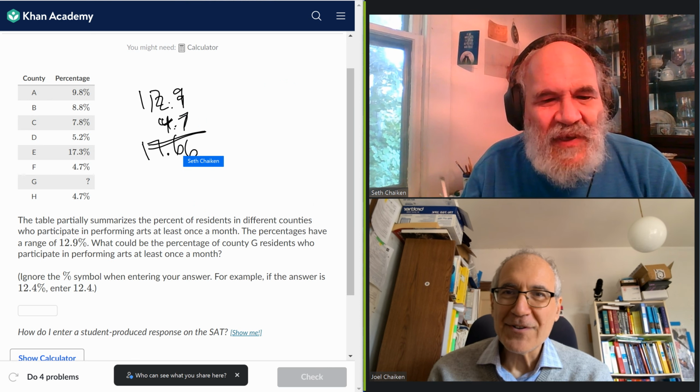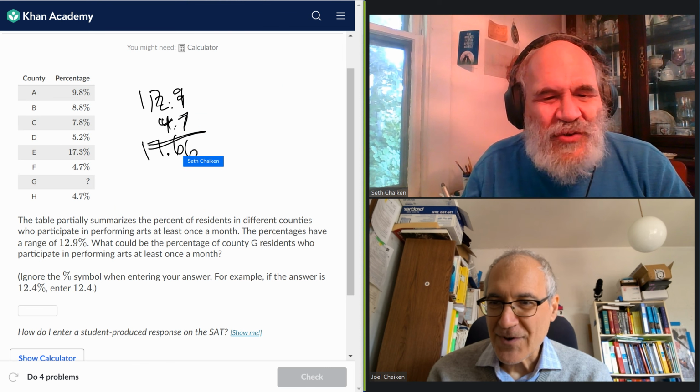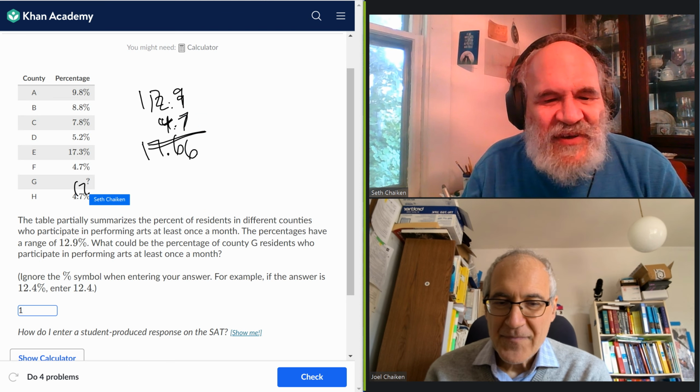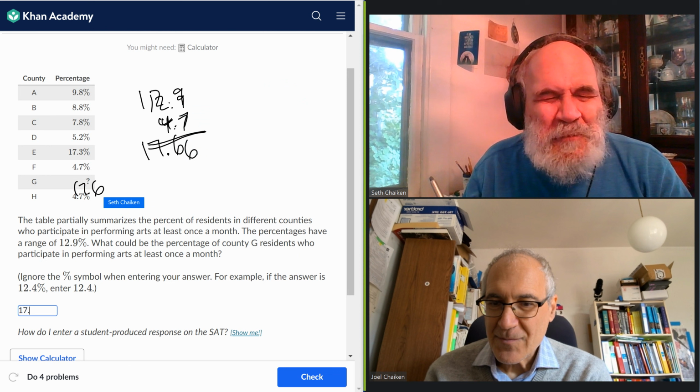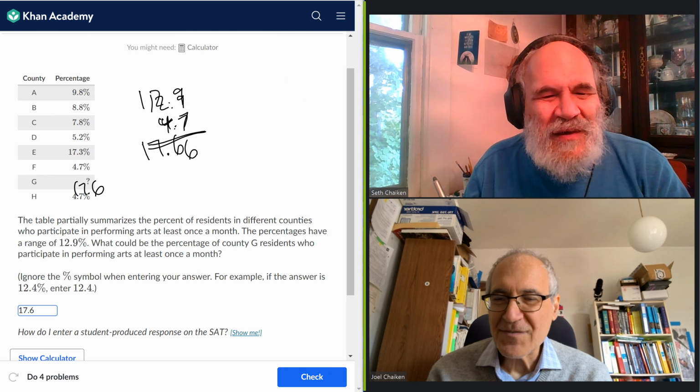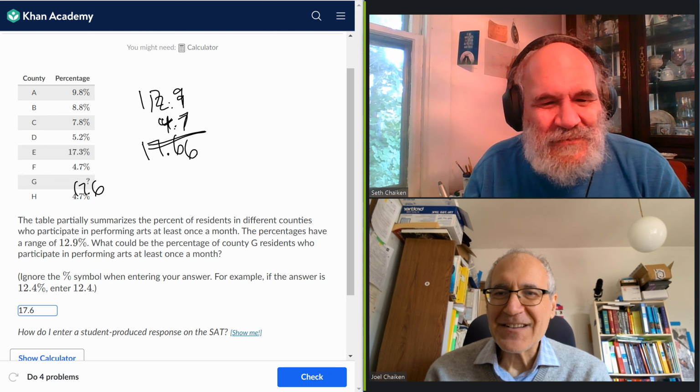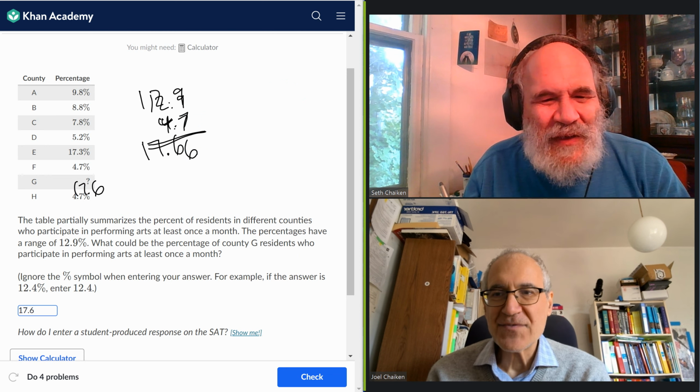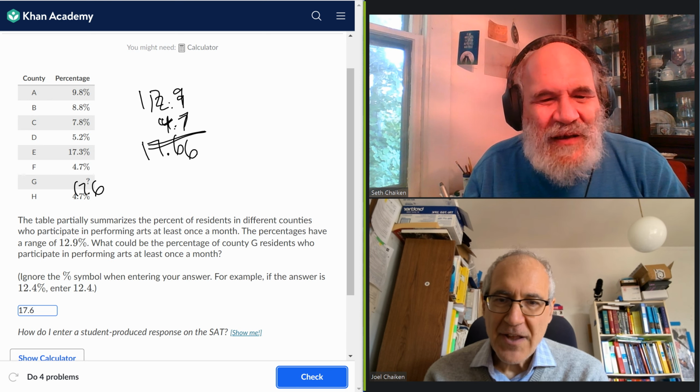Okay, we all agree. So you're supposed to fill in 17.6 here. That's right. There's really not a lot of ways to do this problem, but you must know what range is. Range is the difference between the highest number and the lowest number given a bunch of numbers.